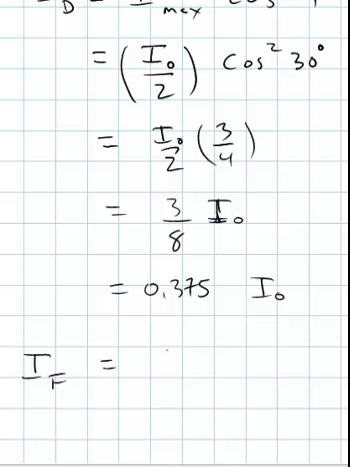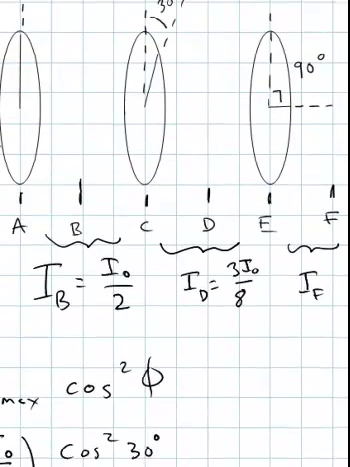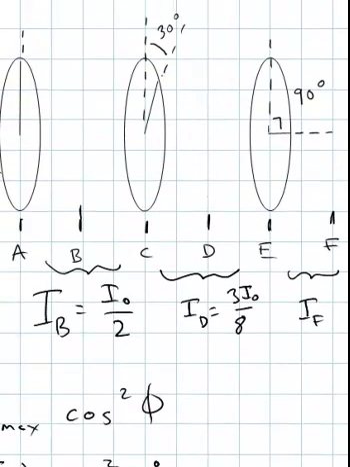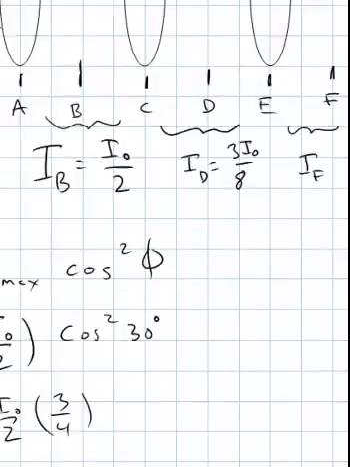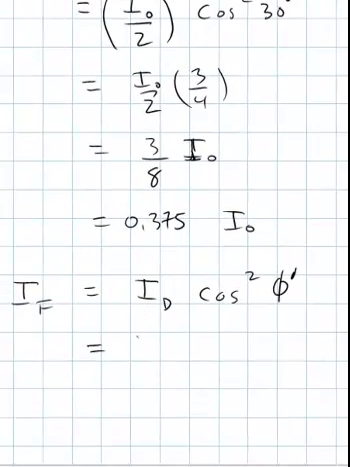So we need our intensity at point D times the cosine squared of the angle, and I'm going to call this phi prime because this angle is a little bit different than the last angle. This angle is the difference between the middle polarizer and the 90 degrees. It's going to be 60 degrees this time. And the intensity at point D was 3/8 I naught.